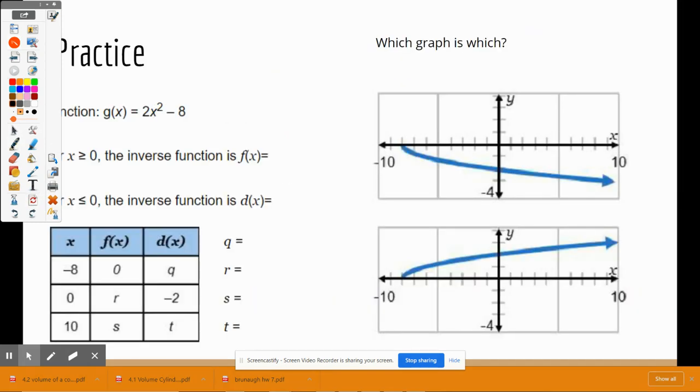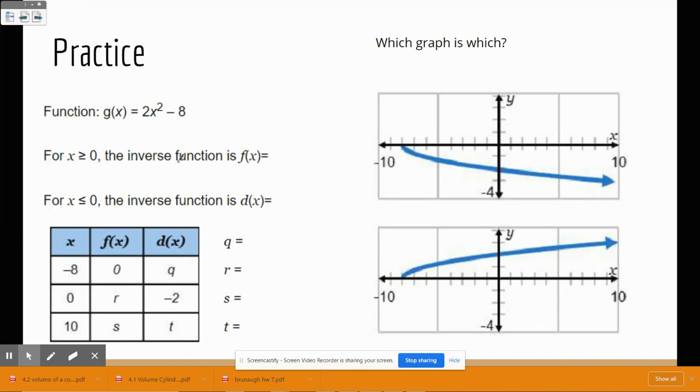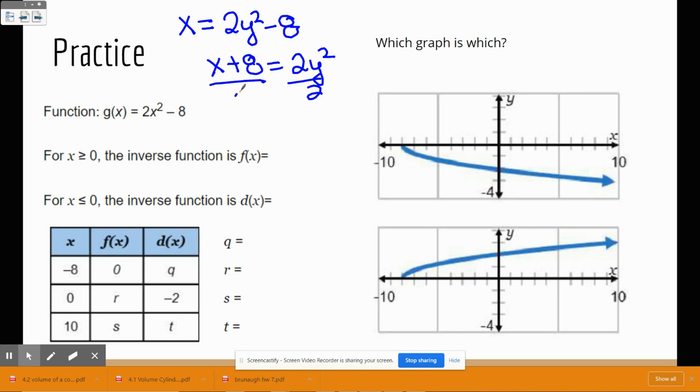All right, so let's practice a little bit. Here is that 2x squared minus 8. If x is greater than or equal to 0, what will the inverse be? So let's switch the x and y and solve for y. So I get x plus 8 is 2y squared. I actually don't know how they want us to write this. So let's divide both sides by 2. I wish that would have been 4. So what do you have? 1/2 x plus 4 equals y squared.